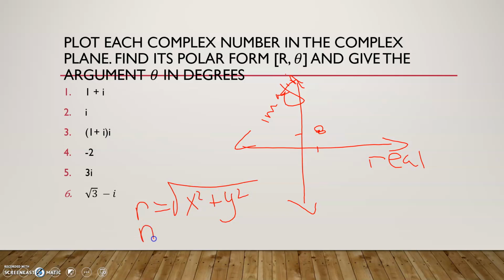So my r for the first one would be the square root of 1 squared plus 1 squared, because the coefficient of that imaginary 1 is 1, and that's going to give me the square root of 2. I can't simplify it, so it will stay like that.